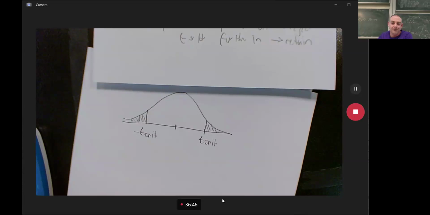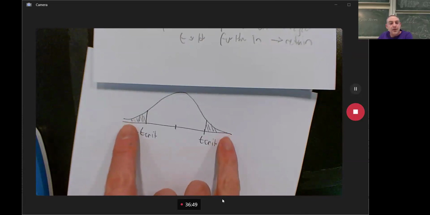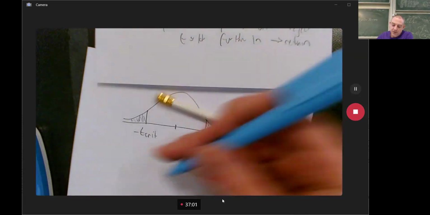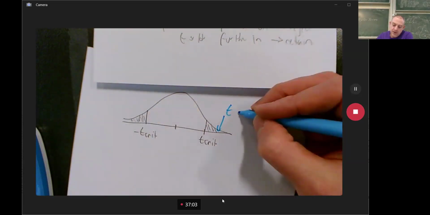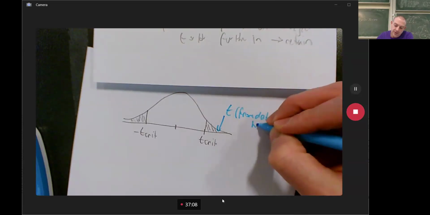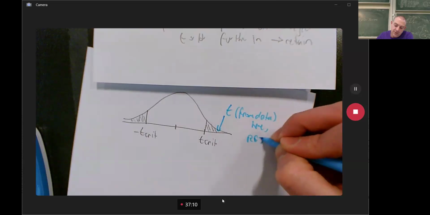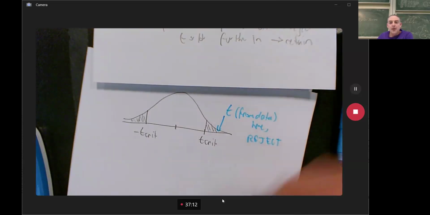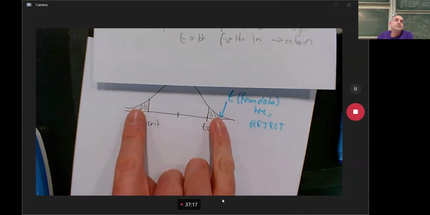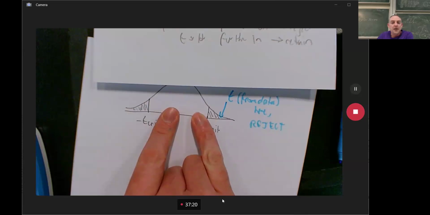The area in the shaded region for the t critical is exactly 0.05, or whatever your significance level is. If your t from the data is in here, then reject. This area in the middle is 95%.